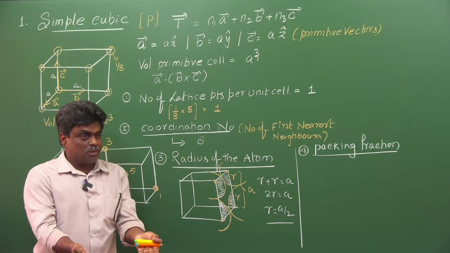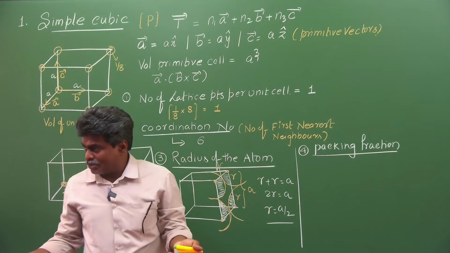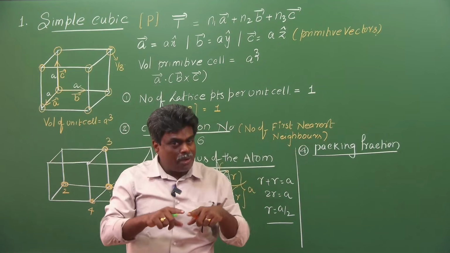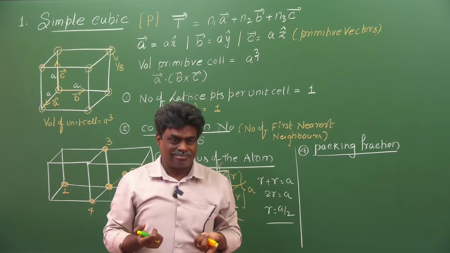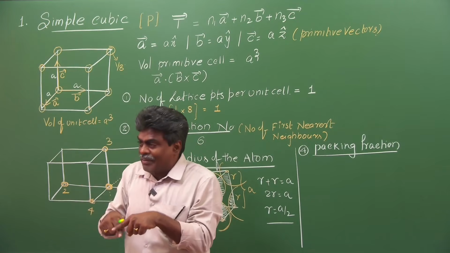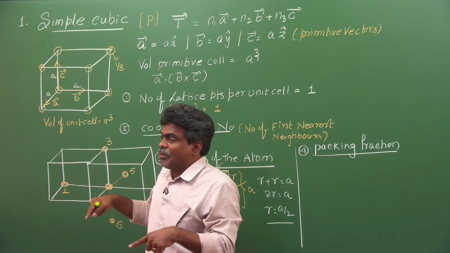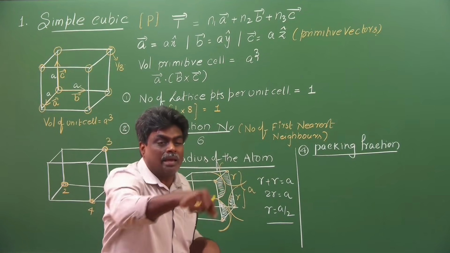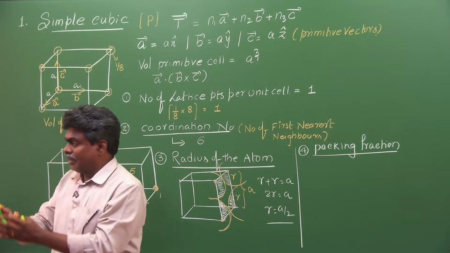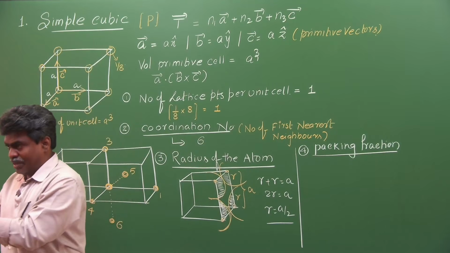In this classroom also, you are all atoms, let us suppose, and this is the classroom volume. Are you occupying the total volume of the classroom? There is some gap, there is some void space. So packing fraction means the volume occupied by the students. For example, one student V1, next student V2, next student V3.